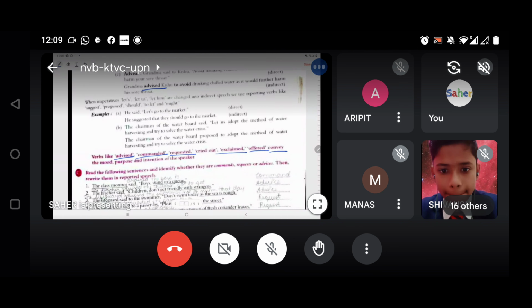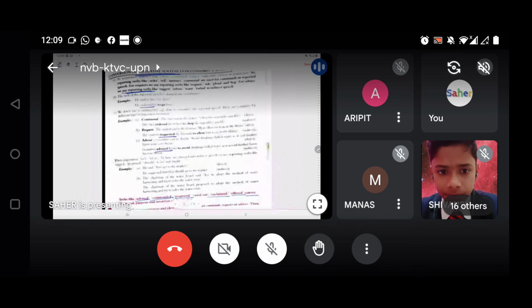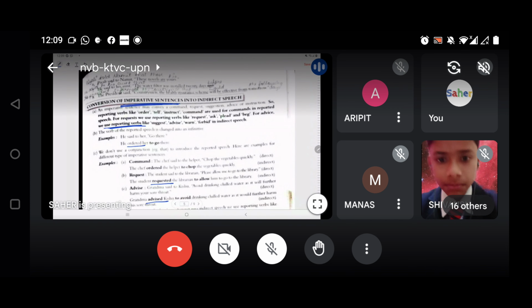So there are different kinds of reporting verbs when we are converting imperative sentences into indirect speech. This is again an important section. We will do it in our next class, okay.